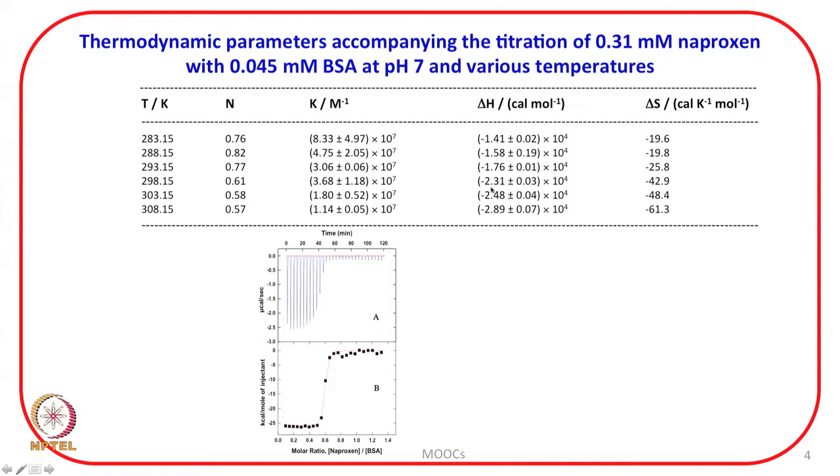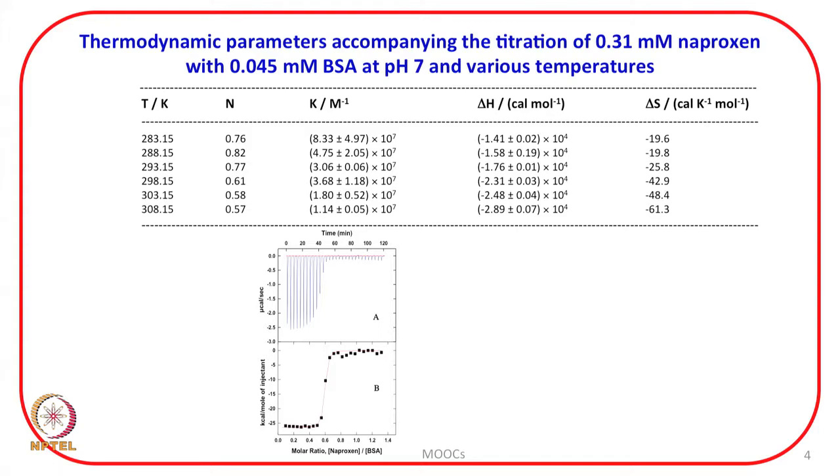It is also associated with an enthalpy of minus 23.1 kilocalorie per mole and an entropy change of minus 42 calorie per Kelvin per mole. A K value of the order of 10 raised to the power 7 suggests that the binding is tight. The binding enthalpy is exothermic in nature, and the entropy change is also negative.